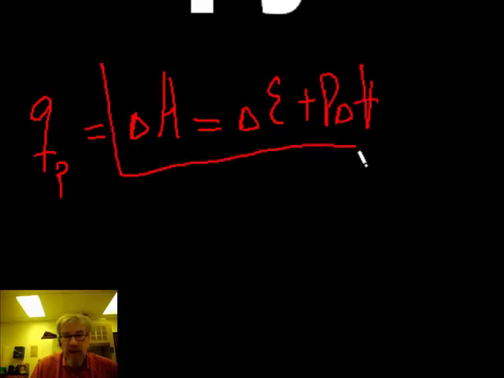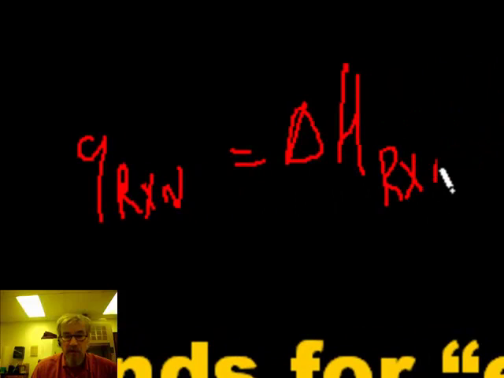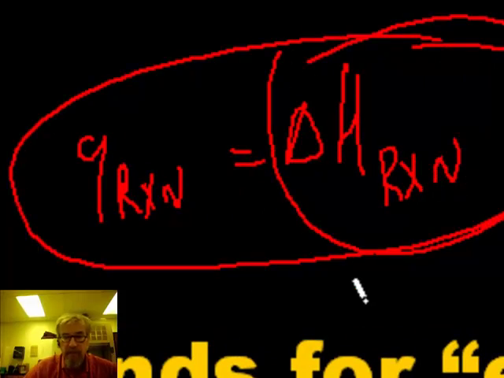So this is enthalpy change, or if this is a chemical reaction, we abbreviate heat at constant pressure Q reaction, or we might say enthalpy change of reaction. That would be the symbol for enthalpy change of reaction.